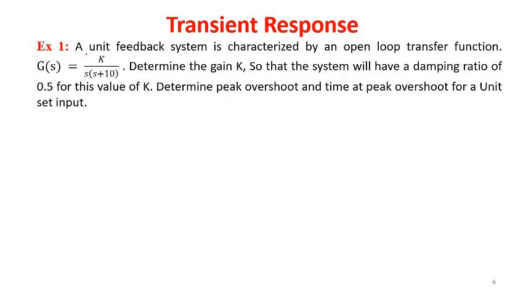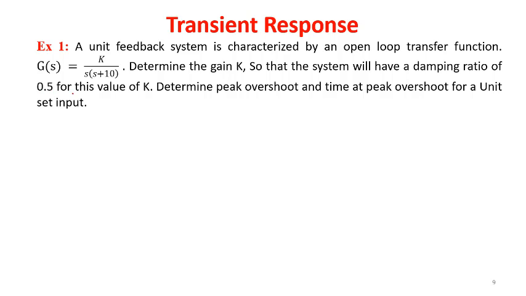Example: a unit feedback system is characterized by an open loop transfer function where the forward block G of s is given as K divided by s plus 10. Determine the gain K so that the system will have a damping ratio zeta of 0.5.